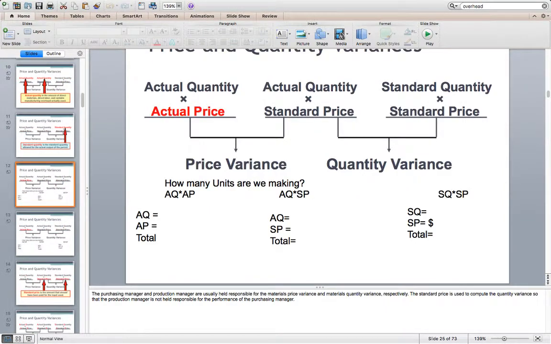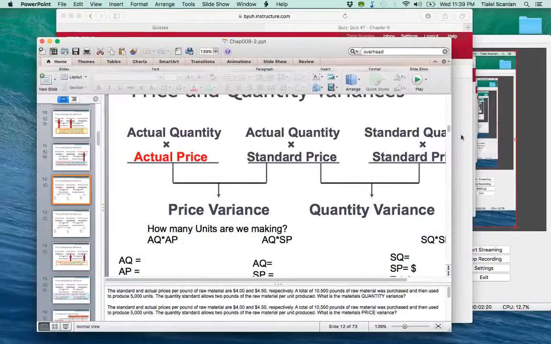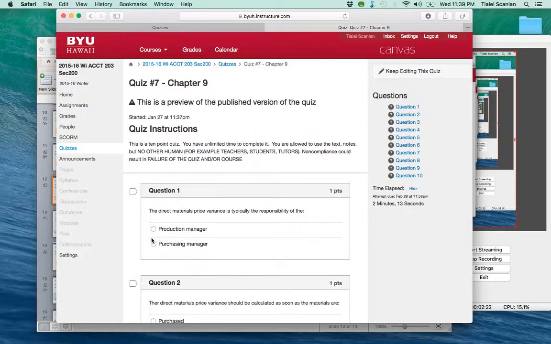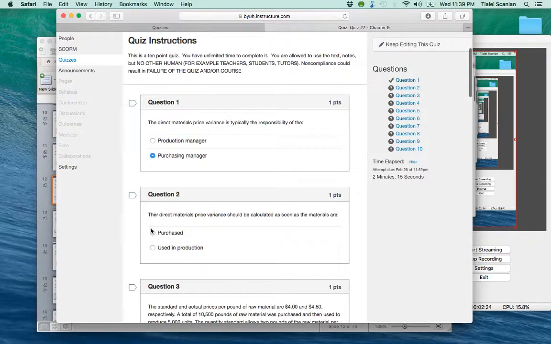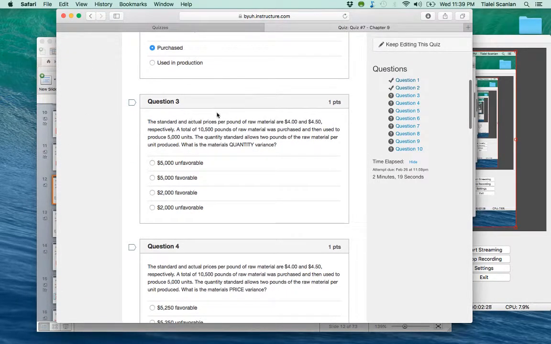So, going on to the next question on the quiz. The purchasing manager, when it's purchased, okay, and then the standard and actual prices per pound of raw material are $4 and $4.50 respectively, a total of 10,000.